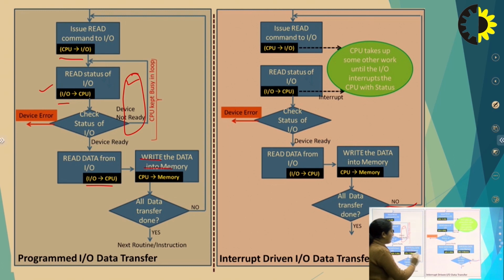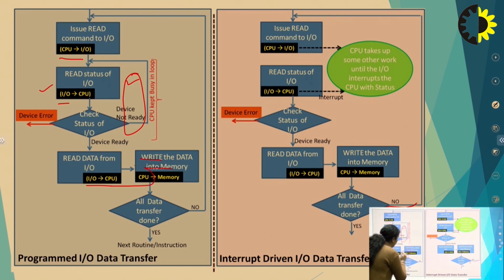So in both program input output data transfer and interrupt driven input output data transfer, the CPU is kept busy, but it is overcome here in that the CPU will do other tasks. But again, the involvement of CPU is there, because the data read from the input output goes to the CPU, and the CPU again writes data to the memory.